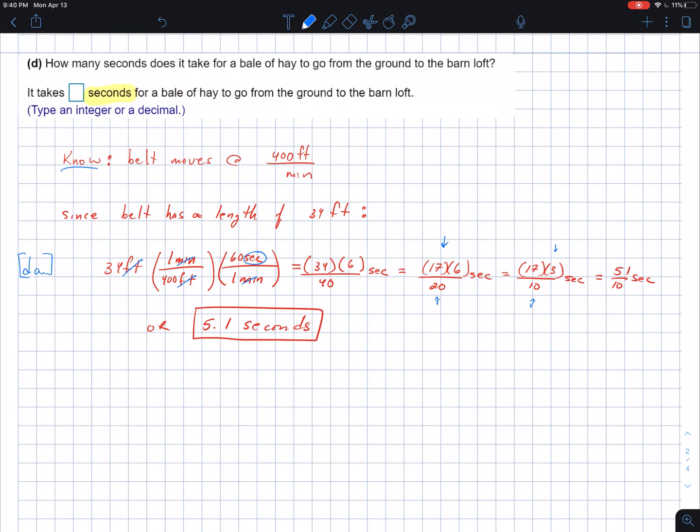Now you can do this all in the calculator, but like I said, it just takes a few seconds to do this out by hand. So 51 divided by 10 is 5.1 seconds. So I can just write it up here, 5.1 seconds, for a bale of hay to go from the ground to the barn loft.